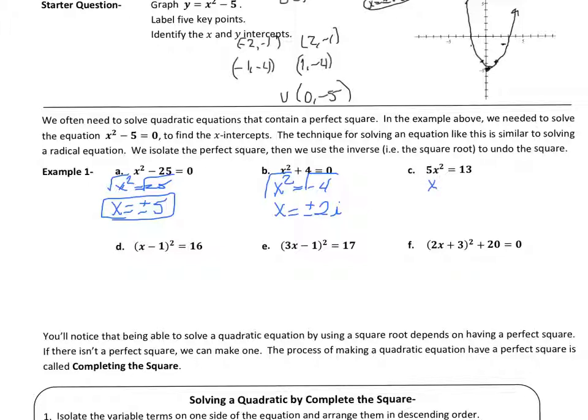So we get x squared is 13 over 5. And then we square root both sides. But we don't like that 5 in our denominator, so we're going to multiply top and bottom by root 5. So then we get x is plus or minus, what's 13 times 5? 65.